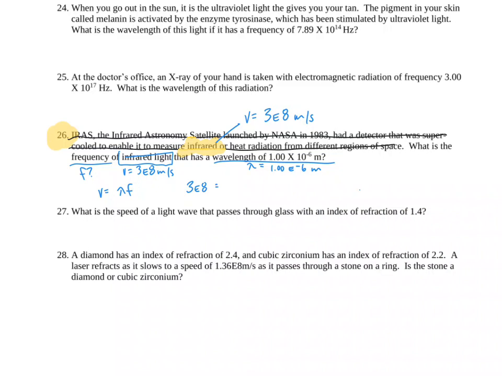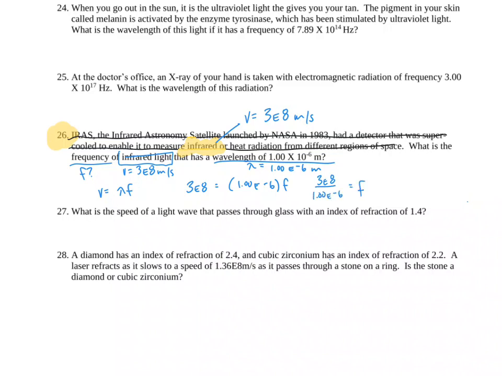The wavelength is 1 times 10 to the negative 6. And I want to solve for frequency now. So if I want to get f by itself, and f is being multiplied by wavelength, I have to do the opposite, and that's to divide. So I end up with 3 times 10 to the 8th divided by 1 times 10 to the negative 6 equals frequency.